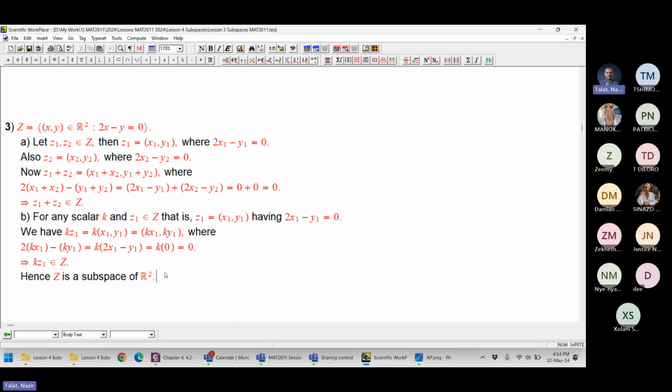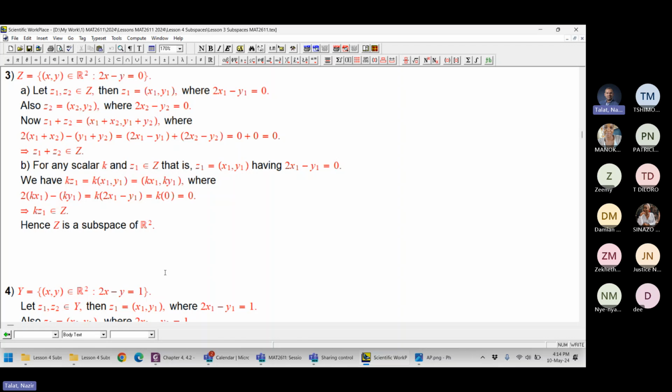So remember that since every set has a subset, similarly every vector space has a subspace, and a subspace is itself a vector space. Since a vector space satisfies the 10 axioms, here we don't need to check all 10 axioms. We only need to check two axioms, and then it still becomes a vector space.